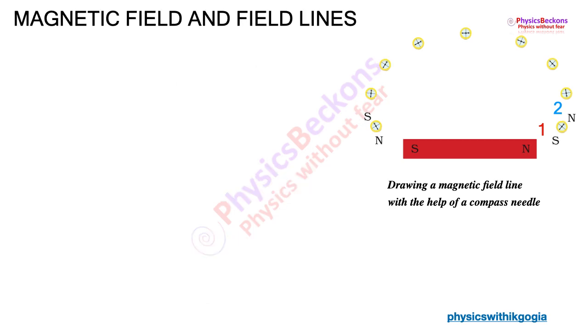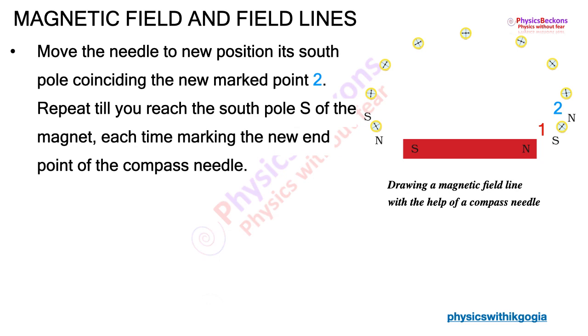Move the needle now to a new position. After marking point 2, move the needle to the new position so that the south pole now coincides with point 2. Mark the new position of the north pole now. You can term it as point 3. Repeat the process till you reach the south pole of the magnet.